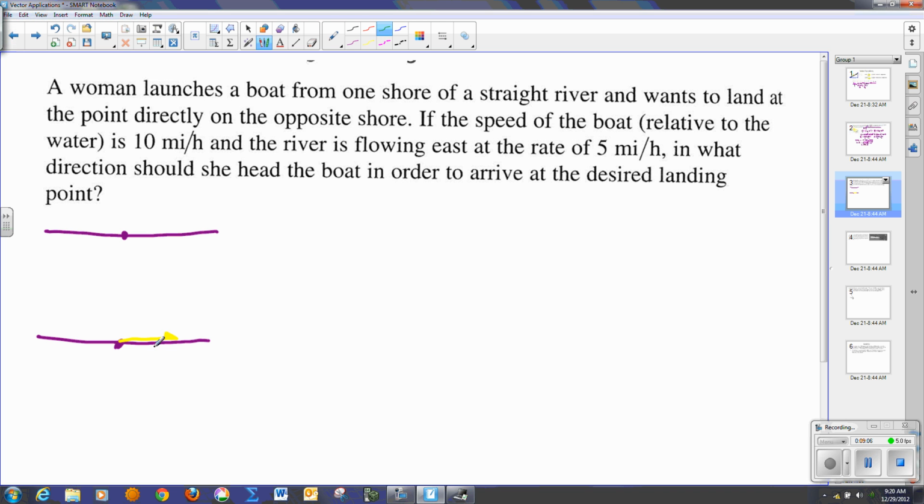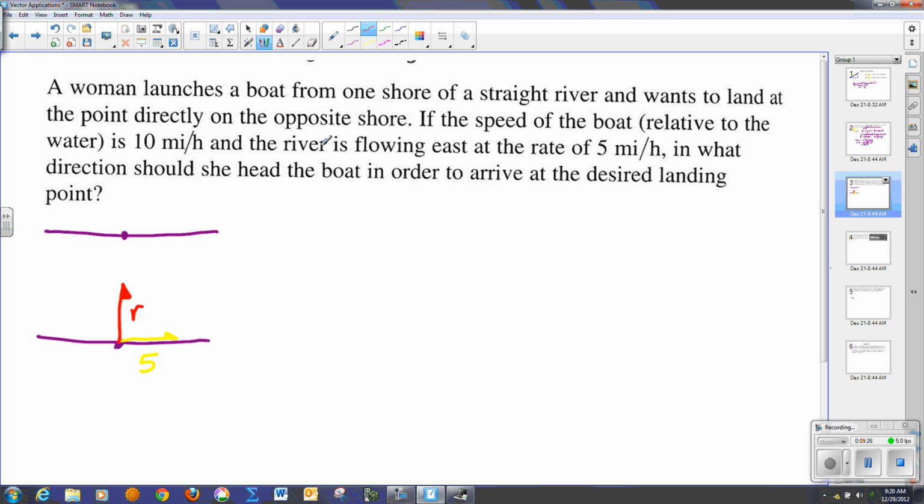The river is moving at 5 miles an hour. She wants to end up straight across. So she wants to end up straight over here. This is actually her resultant. Okay.